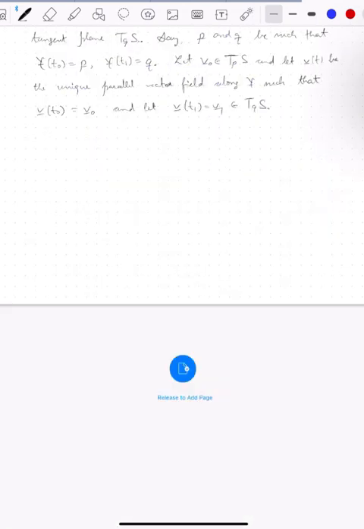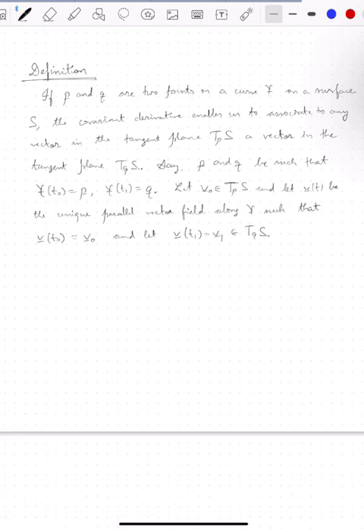Now the definition states that, in fact, furthering along that, there is a map which is called pi PQ gamma, which maps from TPS to TQS, that takes V naught vector, an element of TPS, to V1 vector, an element of TQS.